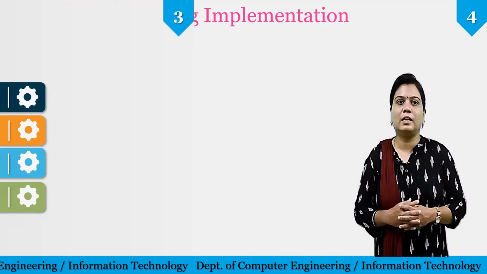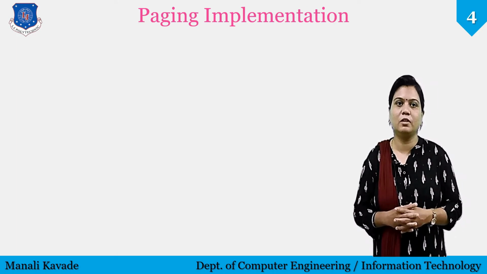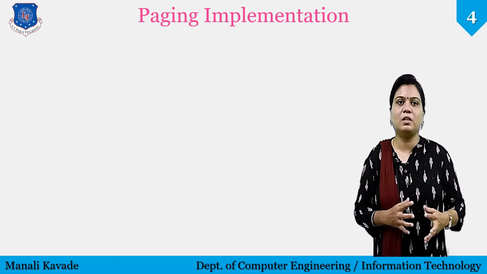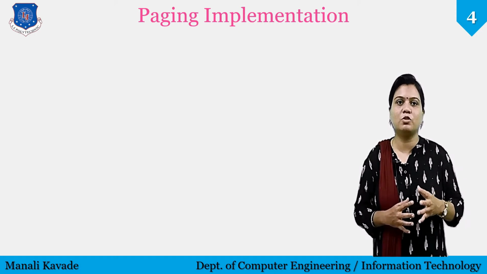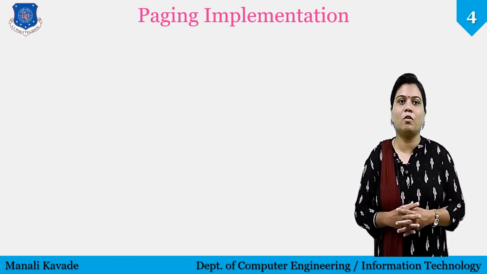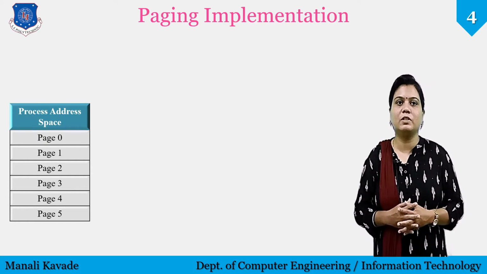Now let's see the implementation technique of paging. Paging is a memory management technique in which process address space is broken into blocks of fixed size, or you can say same size, which is called as pages.